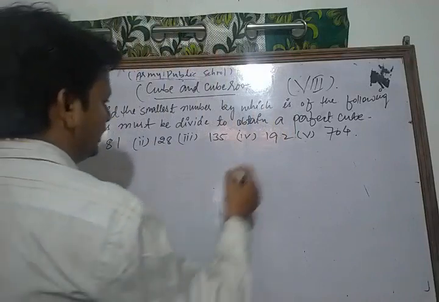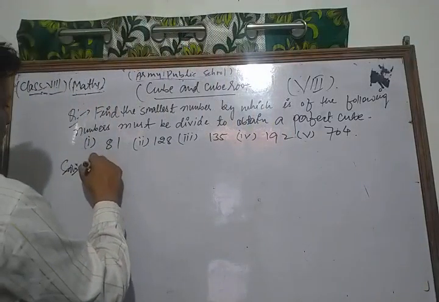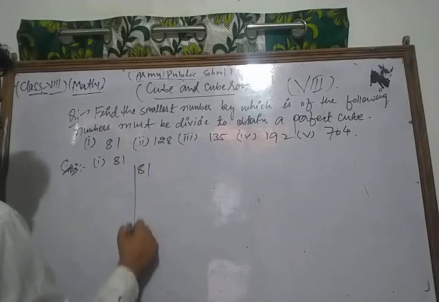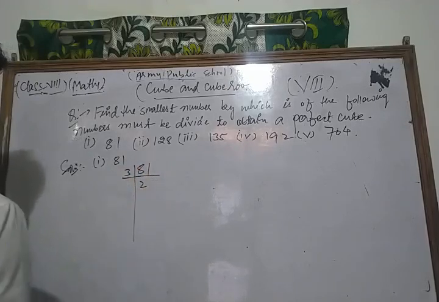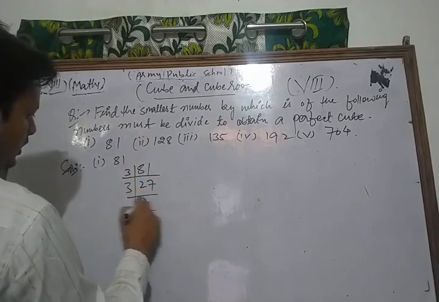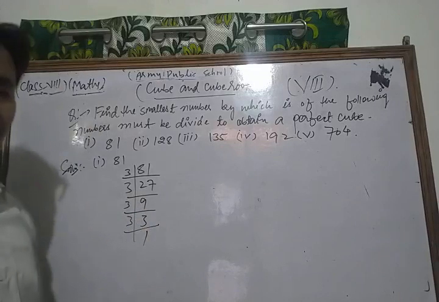Let's see. So first of all we take and solve the first part of this question, which is 81. So what I do? We do their prime factorization. 3 2s are 6... 3 3s are 9, 3 1s are 3.